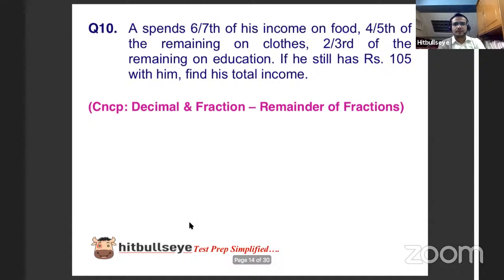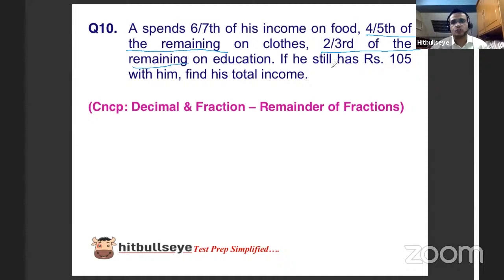I'll quickly speak the problem here. A spent 6 by 7th of his income on food, 4 by 5th of the remaining on clothes. Now, this is important. Please note, of the remaining. Then 2/3 of the remaining on education.